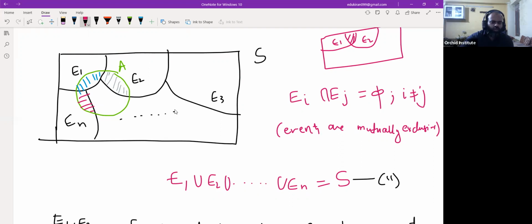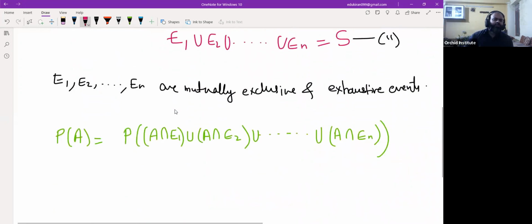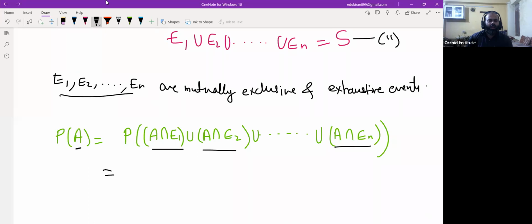So you are covering A by taking common with E1, taking common with E2, so on, taking common with En, and taking the union of all of this. So you are taking A like this. So can you write A like this? Yes, sir. Okay.